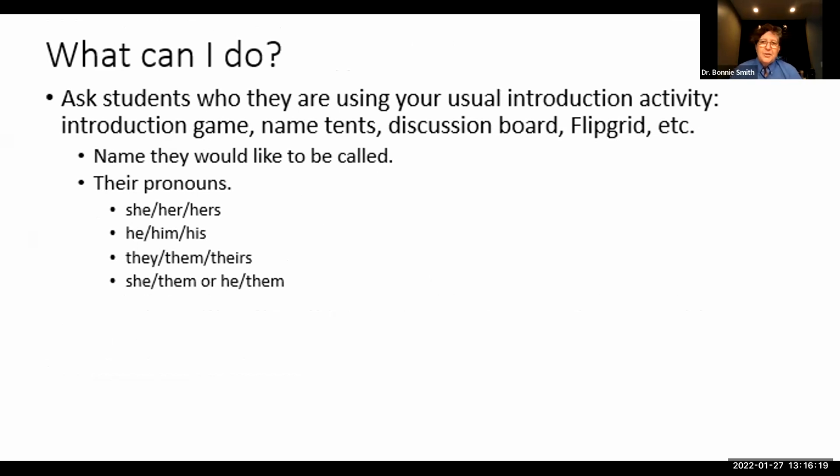In your classroom, you might use name tents, you might do an introduction game, or some kind of getting-to-know-you activity. And it's at that point that your students tell you their names, right? And often they tell you names that are not the name that's on the roster. So write that down, remember that name.